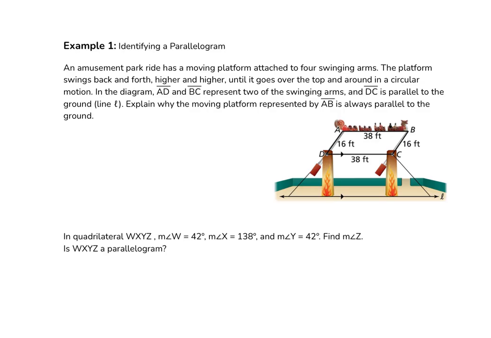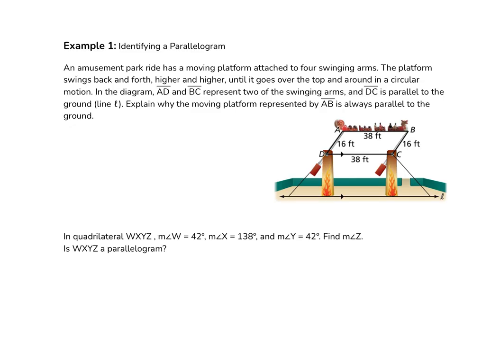So using those 2 pieces of information, going to the next page here, we have this ride at an amusement park, and the platform is swinging back and forth. In the diagram, AD and BC represent 2 of the swinging arms. So AD and BC are going to swing back and forth. As it swings back and forth, is the size of this ride going to change?